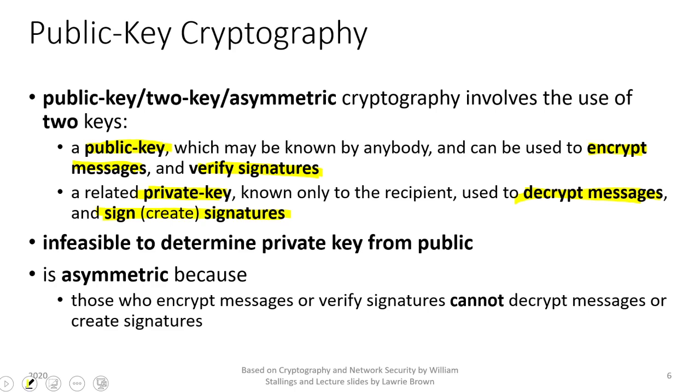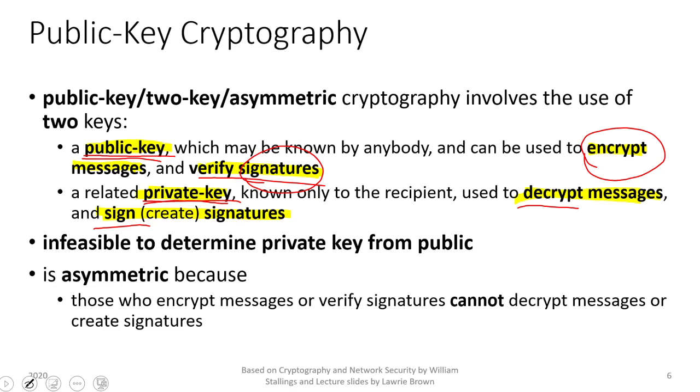So here the thing to understand is, the encryption part and signature part will use the opposite keys. So if you want to encrypt something, you need the public key, and if you want to sign something, you need the private key. Then if you want to decrypt something, you need the private key, but if you want to verify the signature, you need the public key, or you can use the public key.